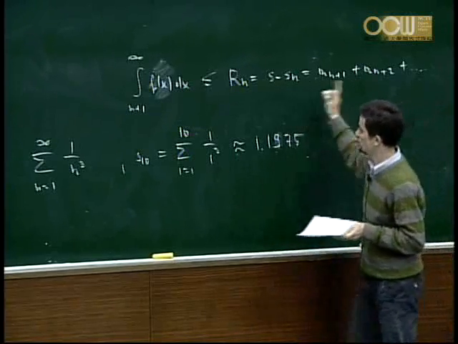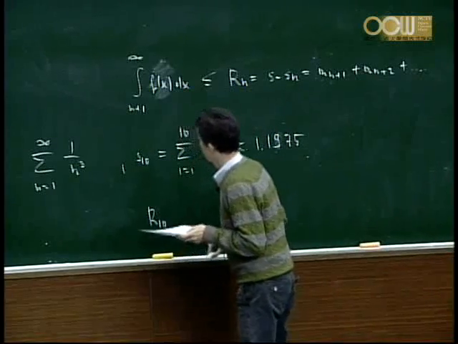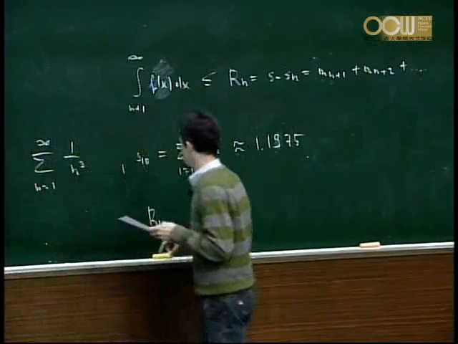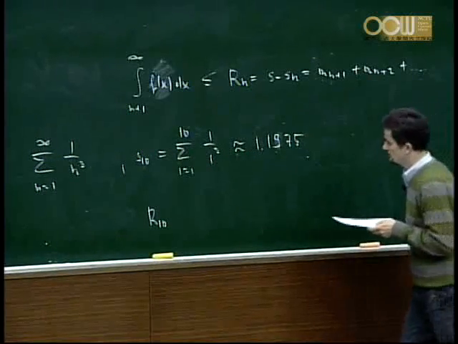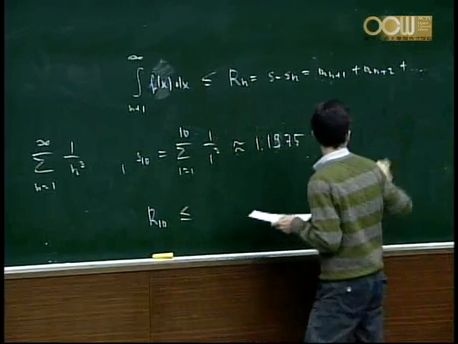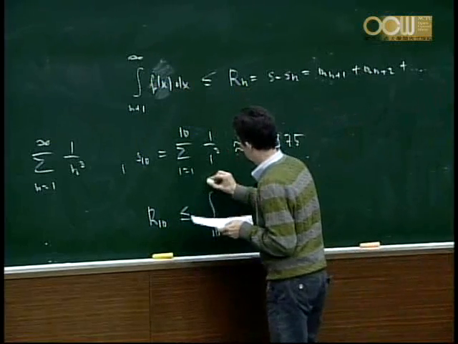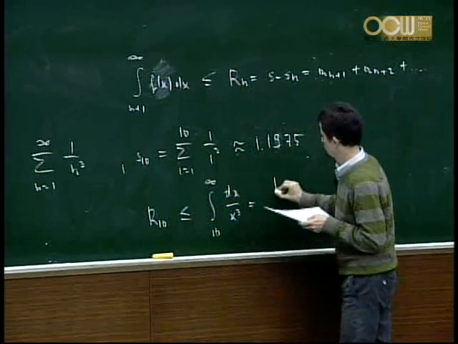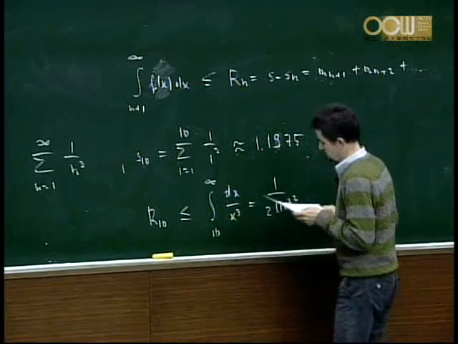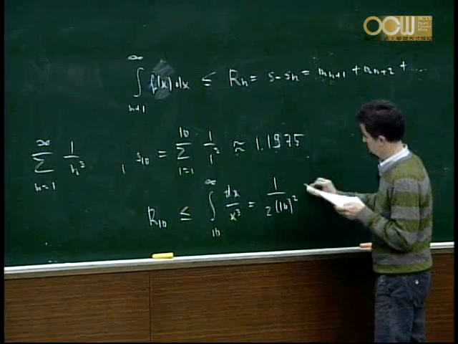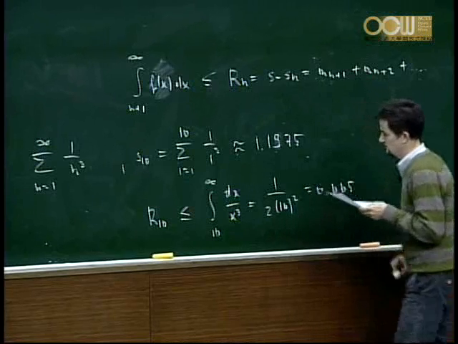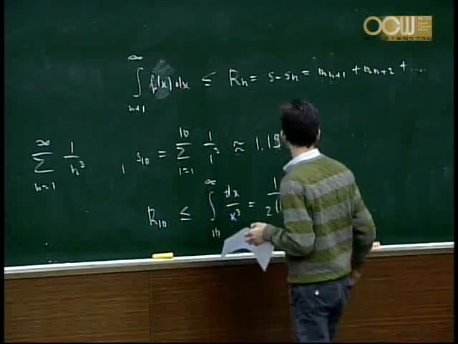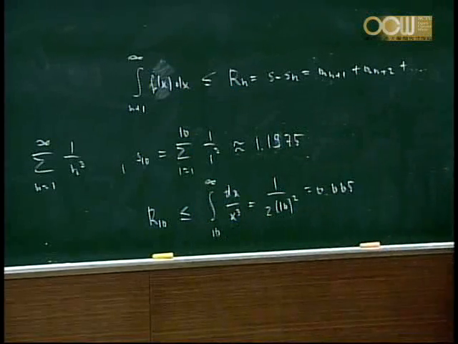But we have this error estimate, so we see that the error between the real value of this series and this approximation is smaller or equal than the integral from 10 to infinity of dx over x to the cube, which is equal to 1 over 2 times 10 squared, which is 0.005. So from this you see already that a couple of digits will be correct, normally the first two.